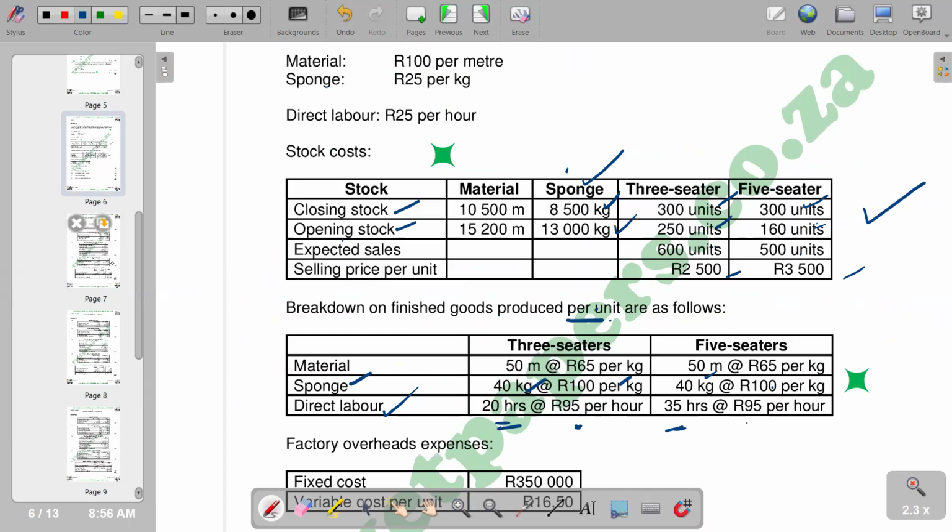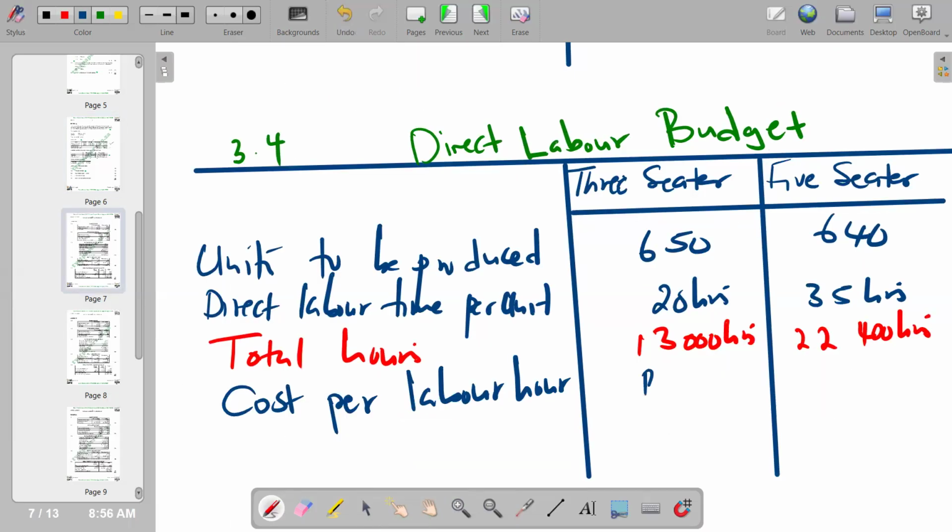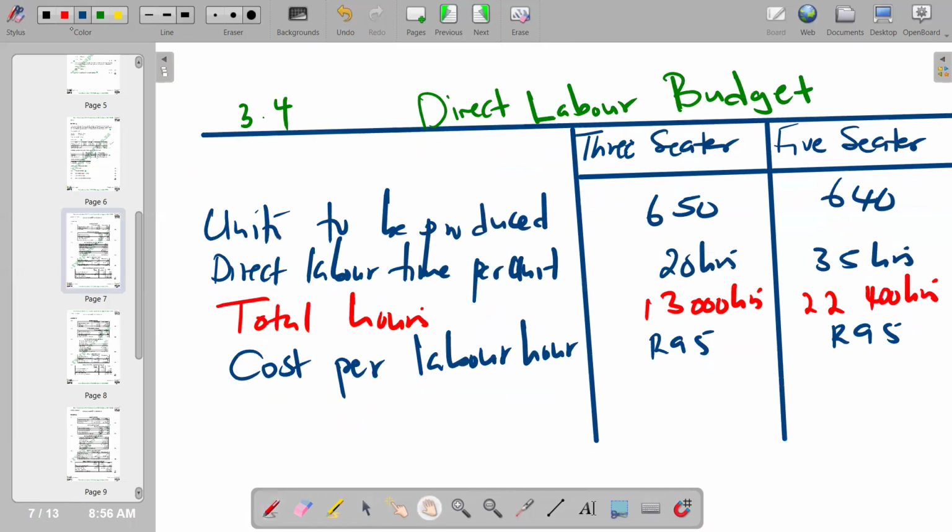So you put 95, 95. And then for cost per labor hour, you get now the total direct labor cost. So you can just see that the total will be the product, total direct labor cost.